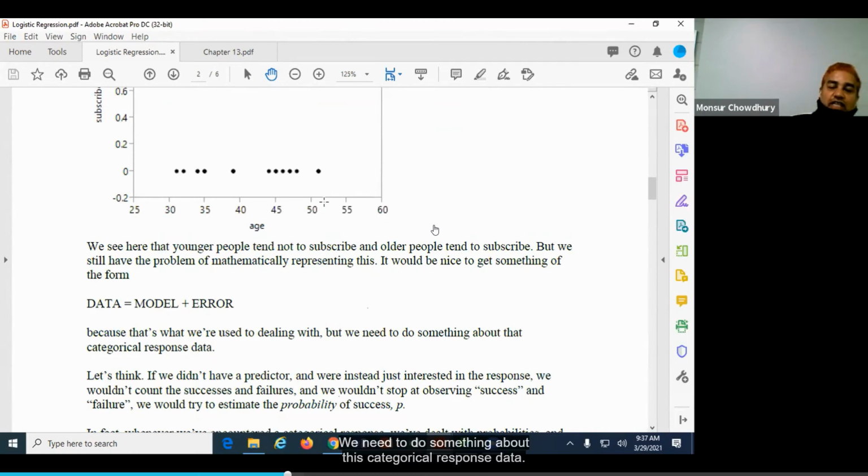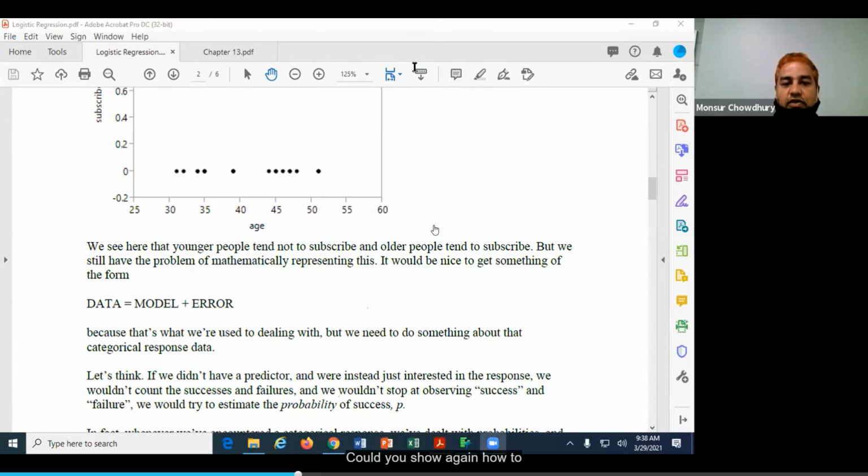So we need to do something about this categorical response data. If we don't have any predictor, we are interested not in counting successes or failures, but in the probability that the person will subscribe to a newspaper.